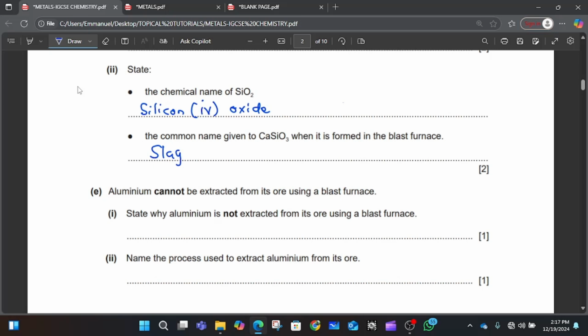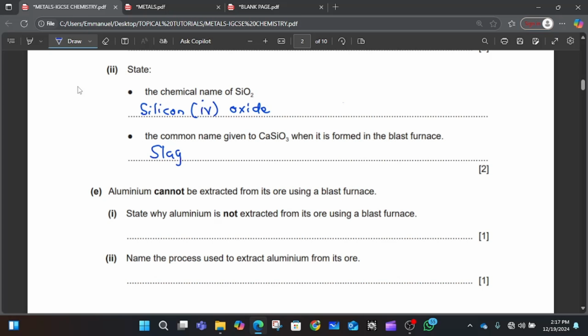E. Aluminium cannot be extracted from its ore using a blast furnace. I. State why aluminium is not extracted from its ore using a blast furnace. So we only use the blast furnace when the metal is below carbon in the reactivity series, which means carbon is more reactive than that metal, and so carbon can be used to reduce the ore of that metal in order to get the metal.